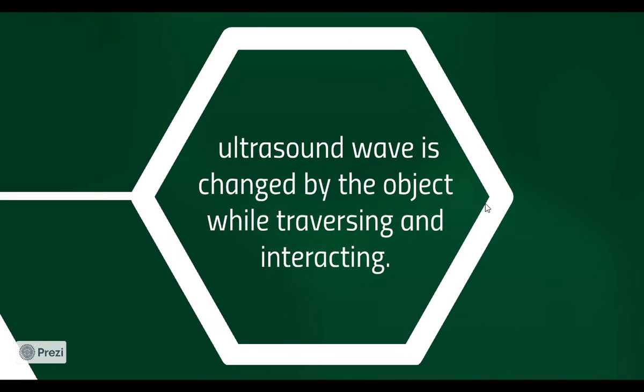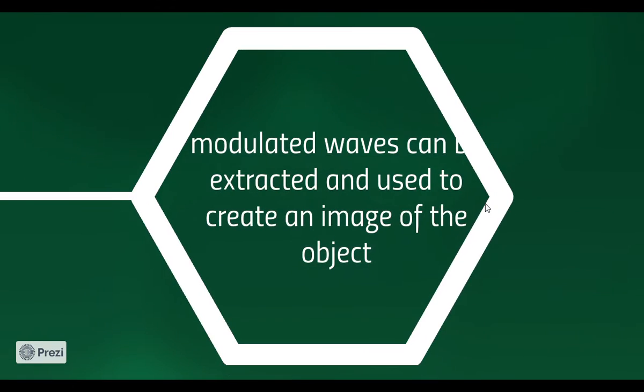The ultrasound wave is changed by the object and carries information about the object. After being recorded, the information from the modulated waves can be extracted and used to create an image of the object in the second step.